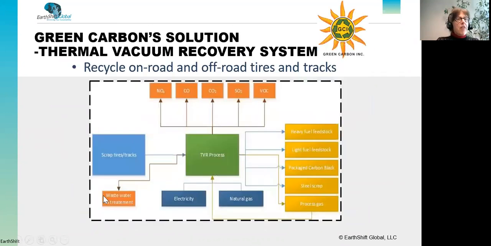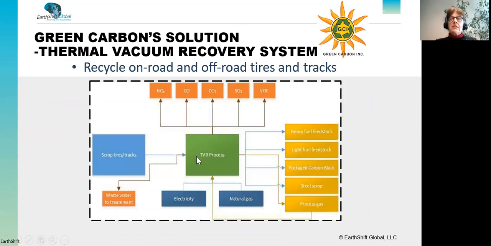So if we look at their process, we're taking some electricity and some natural gas, along with scrap tires and the big tracks from the earth moving equipment, for example, and from those creating two fuel feedstocks, packaged carbon black, steel scrap, and a process gas.